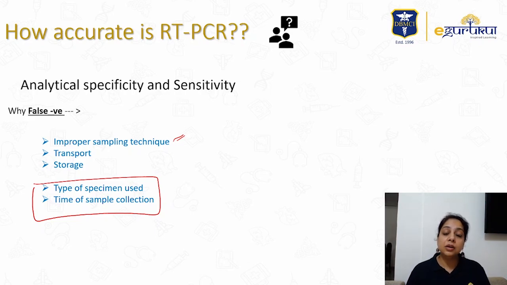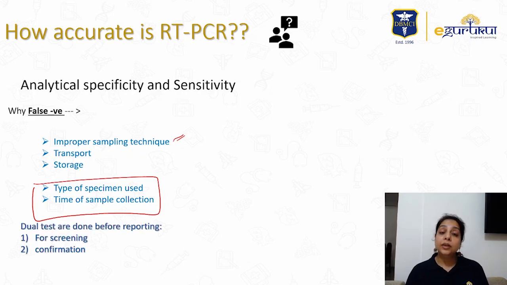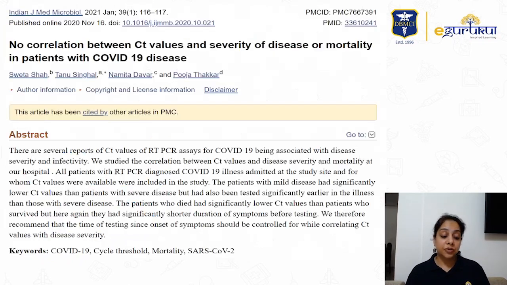They should be handled, transported and stored very carefully so that samples don't get destroyed. Okay, and in RT PCR, it is true most of the time because dual tests are done before the reporting. First, the screening is done and then again the testing is done for the confirmation.